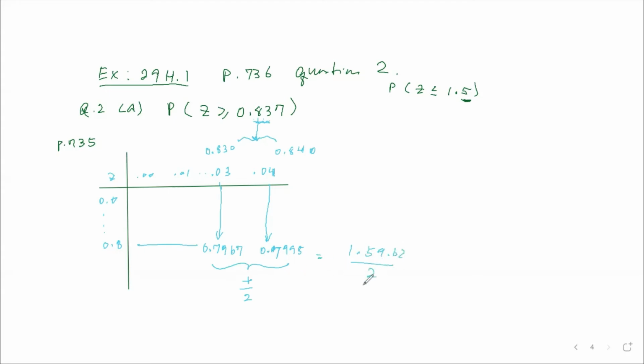Then divided by 2, we have 0.7981. Okay, so we get the answer for this, but not the final because this one is greater than, right?